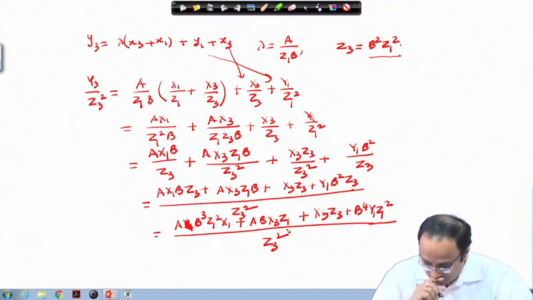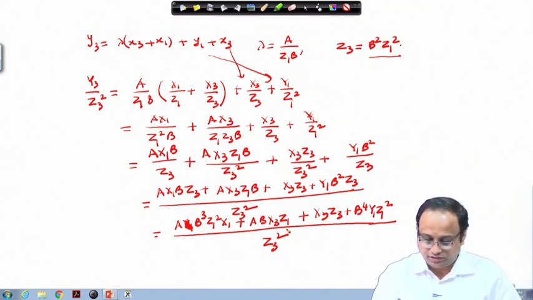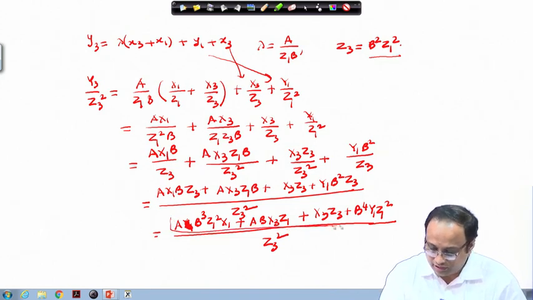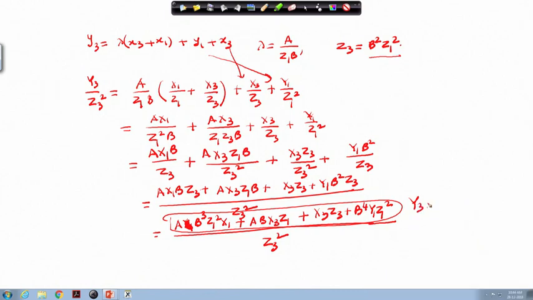Okay. So, therefore, this numerator is essentially nothing but y3. So, this is my equation for y3.